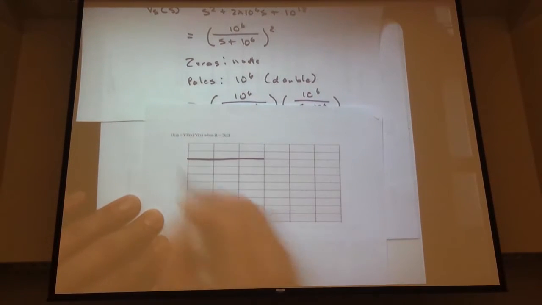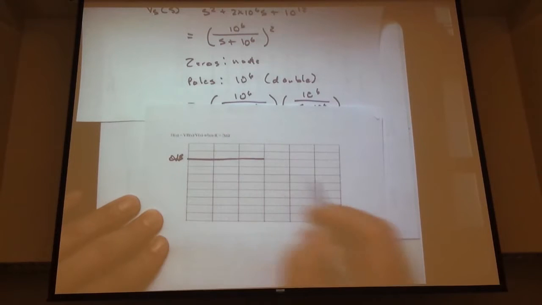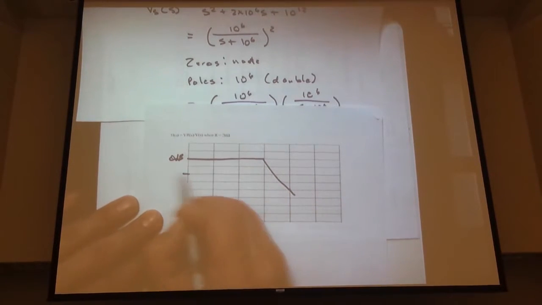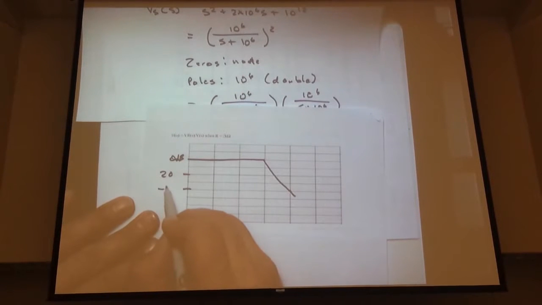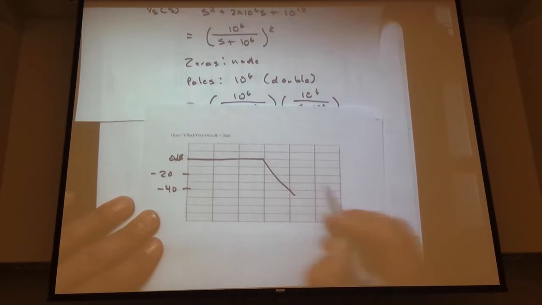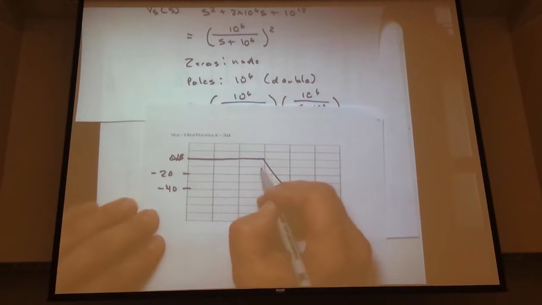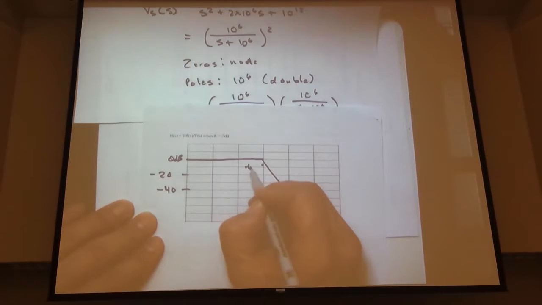0 dB. Minus 6, 5, 4, etc. Then we can add our correction here, minus 6 dB.